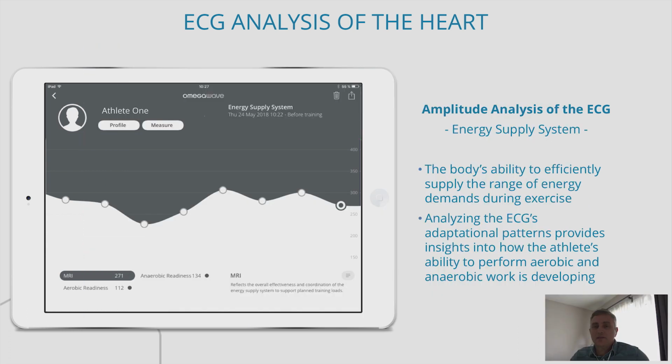The answer is yes, because ECG is a representation of the effectiveness of the cardiac pump. Based on that statement, it will be beneficial for any sport, regardless of how much your cardiac system is involved in the performance itself. For example, in a shot put, it's probably not involved as much as it is in 800 meters or 1500 meters.